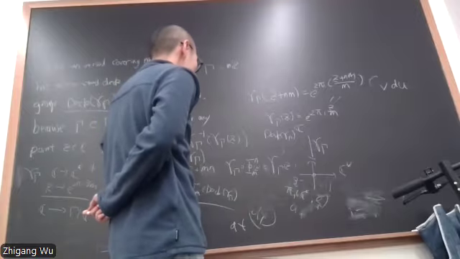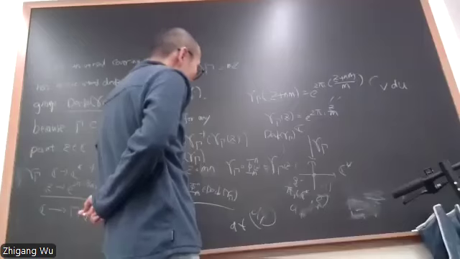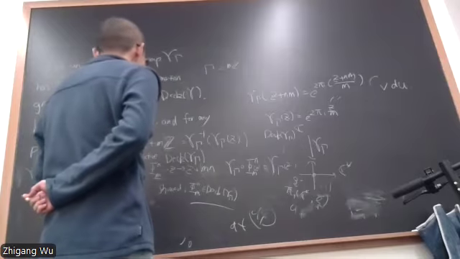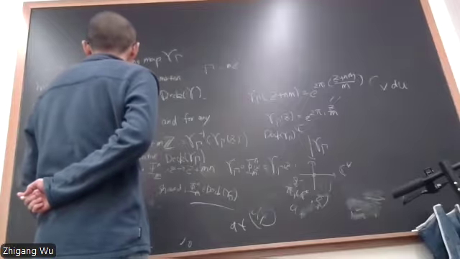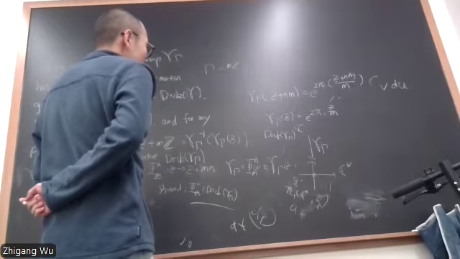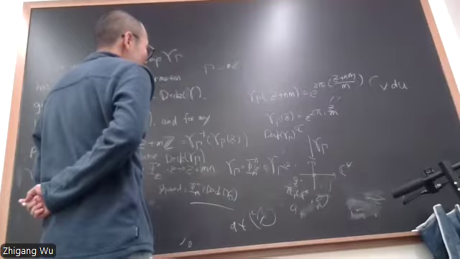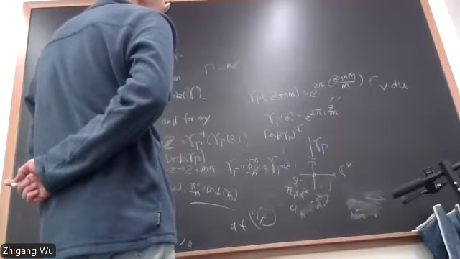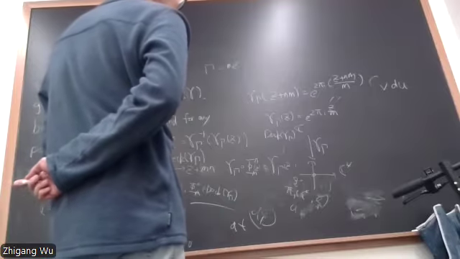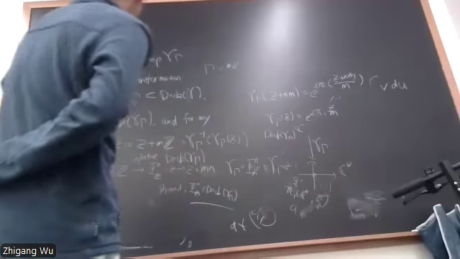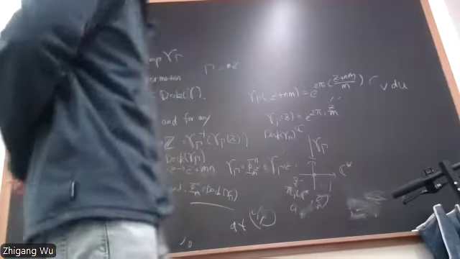I was a little bit confused, because the pi one is the same, right? Does that imply that these two deck transformation groups are the same? I don't think so. Where is the wrong thing? Let me check the book.